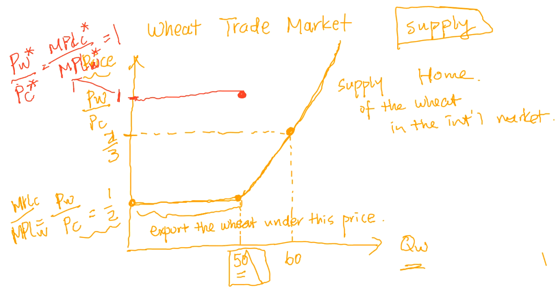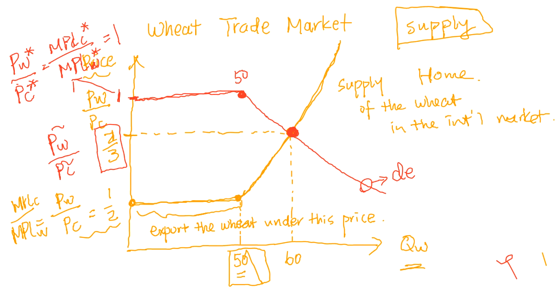They are going to be the demand, right? They are going to import the wheat until 50, when the international price becomes 2/3. So this is going to be the demand curve of the wheat.